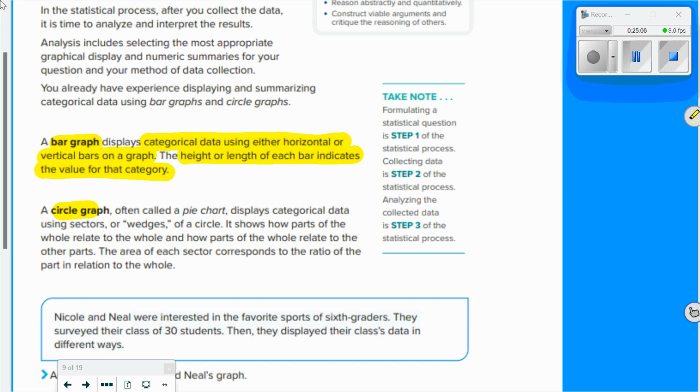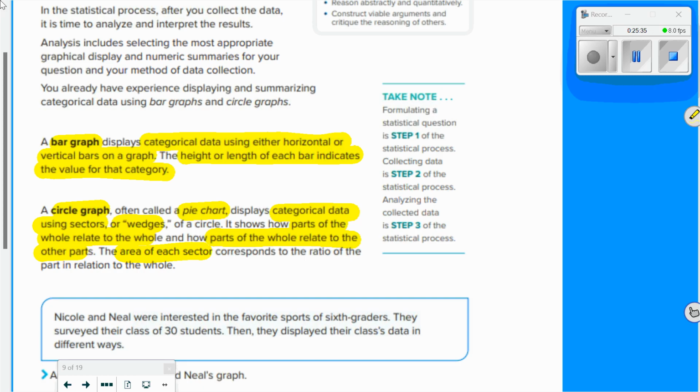In a circle graph, we also commonly call that a pie chart, displays categorical data again, but now it uses sectors or wedges of a circle. It shows how parts of the whole relate to the whole and how parts of the whole relate to the other parts. So showing you individually this piece of the whole, but then you can also use it to compare the different parts by how big each of the different parts are.